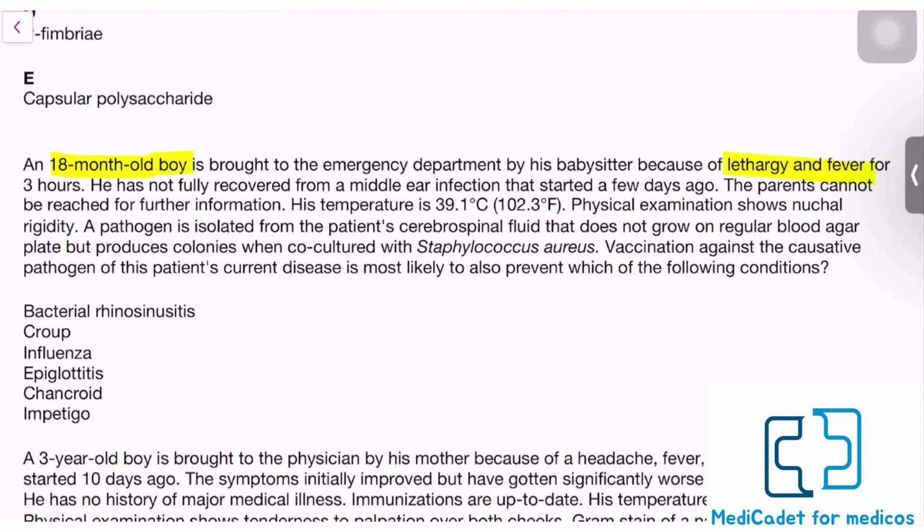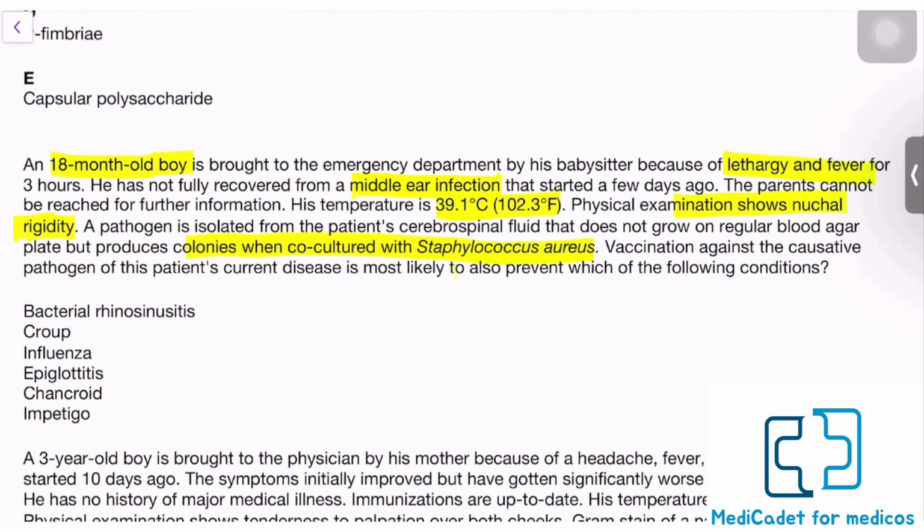He has not recovered from a middle ear infection, so he is having otitis media. Now he is having high temperature, nuchal rigidity. That means from the otitis media, he has developed a complication of meningitis. The pathogen isolated from the CSF does not grow on blood agar, but when co-cultured with Staph aureus, it grows. This is what we call satellitism.